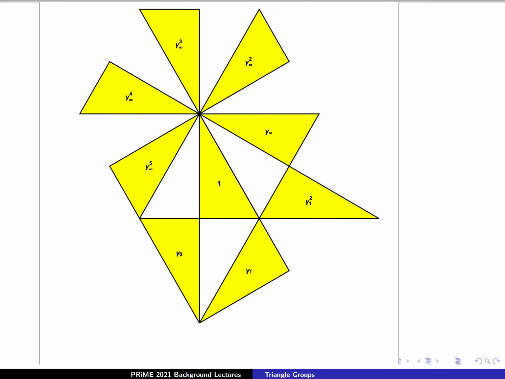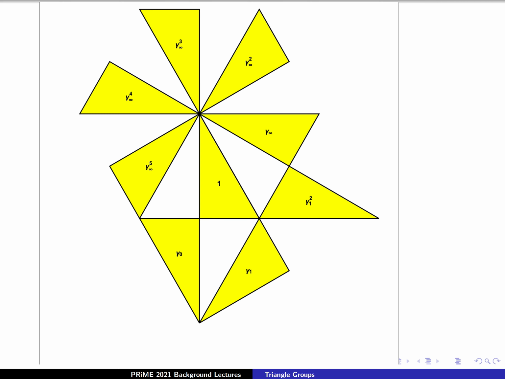We have gamma 1, which is the rotation of that triangle around the point Q by 120 degrees. And finally, we have gamma infinity, which is rotation around the point R by 60 degrees. You can now see what happens if we have various combinations of these operations from the triangle group. This simply moves around the triangles and gives us a tessellation of the plane.